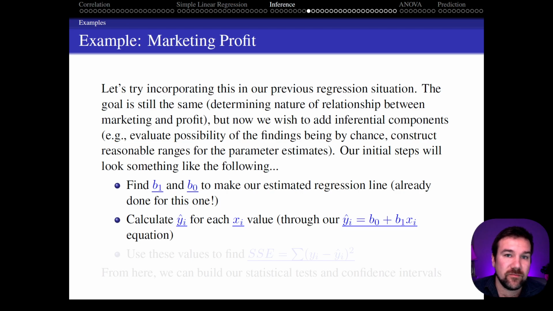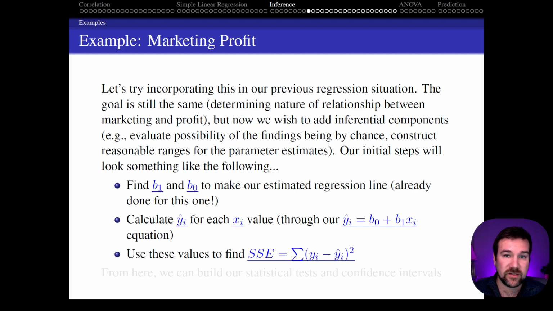But if I don't have my predicted line, that's bullet 1, and I don't have my predicted values for each of my observed x values, that's bullet 2, I can't calculate my errors, and so I can't do my inferential tests. Here, in the second step, I'm calculating those predicted y values for each x value, and I'm simply using the equation that we wrote down earlier. The predicted y is the b0 and b1 from step 1, with b1 times x.